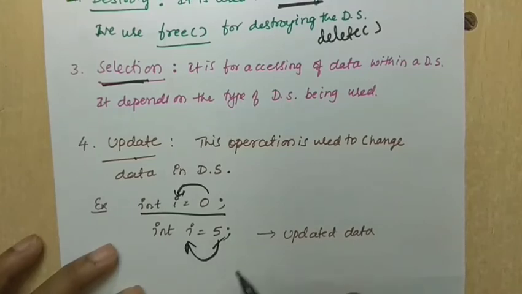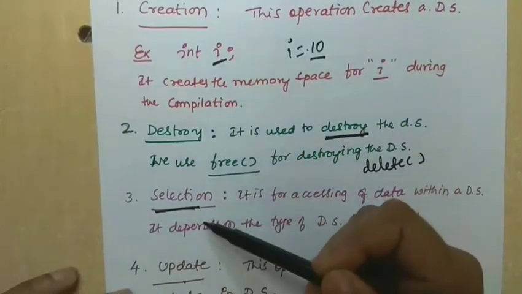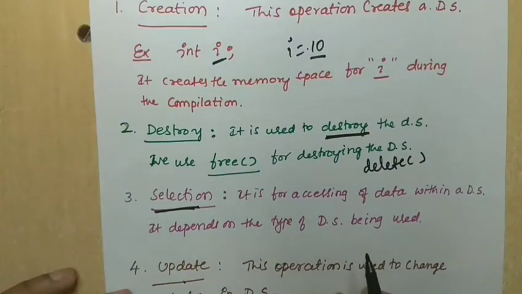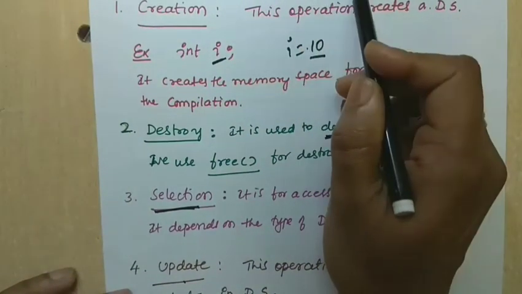This is nothing but 0 being replaced by 5. This is called updation. So creation, destroy, selection, update: these are the operations which belong to primitive data structure.